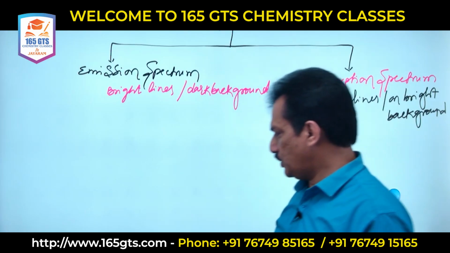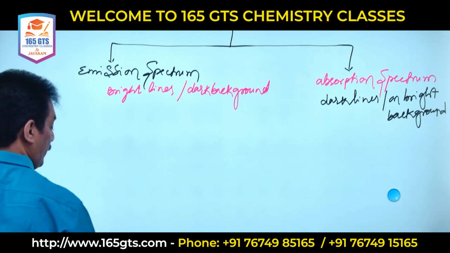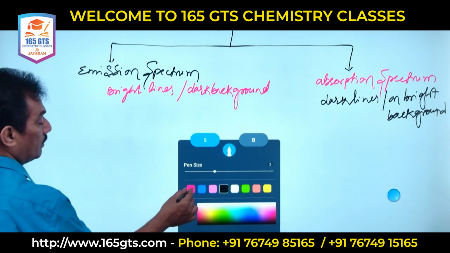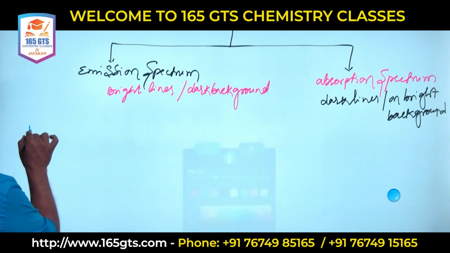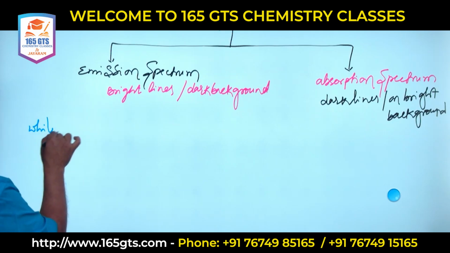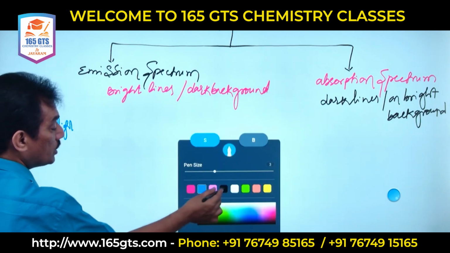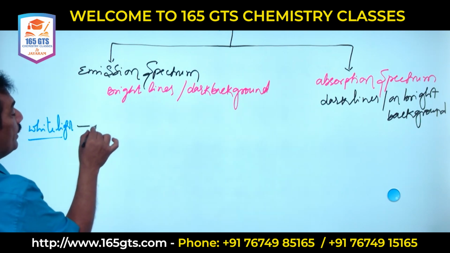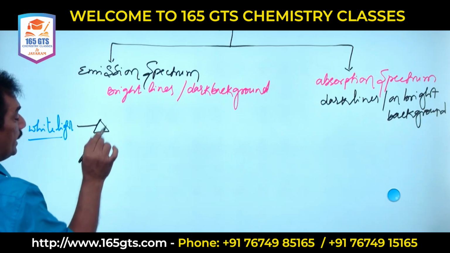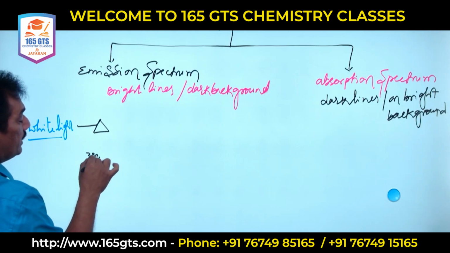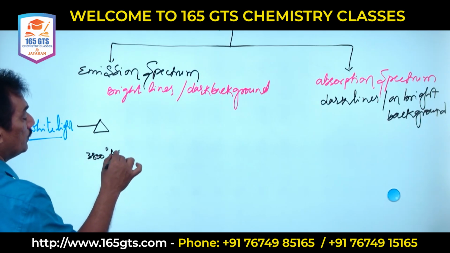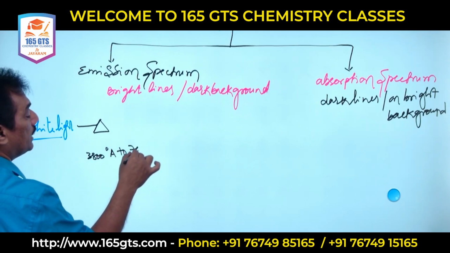Let me explain these two. Here, if any light, say for example, white light. Actually, you know, white light is nothing but what we are able to visualize with our naked eye. It is nothing but a combination of different wavelengths that range from 3800 angstrom units to 7600 angstrom units.